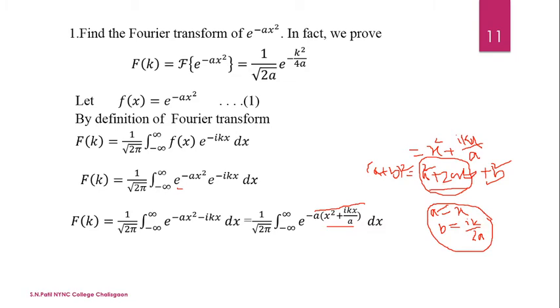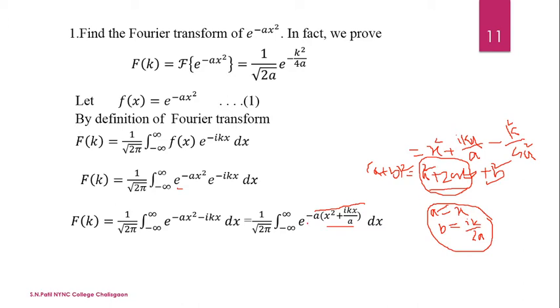Now b square means the square of i k upon 2a. i square is minus 1, so minus k square divided by 4a square. This is the simplification of (a plus b) bracket square.